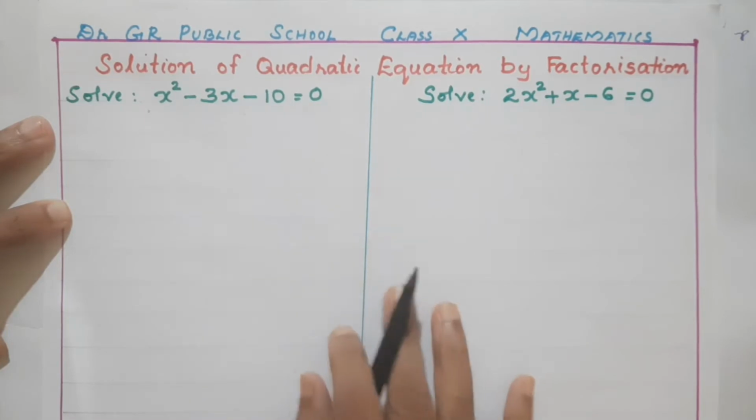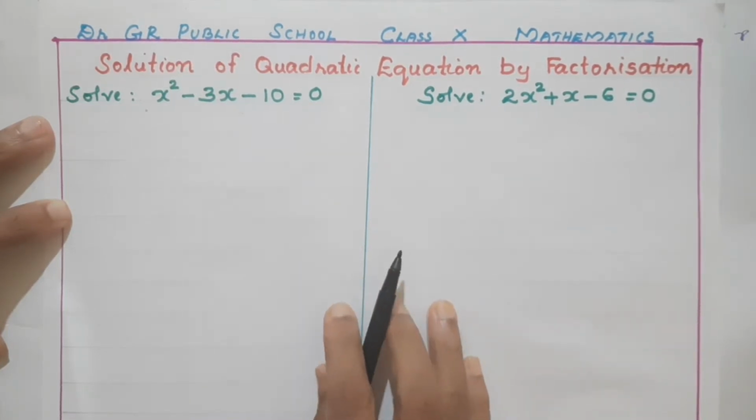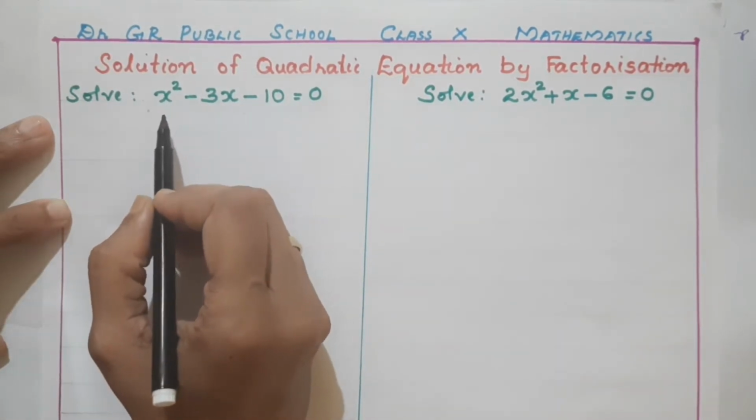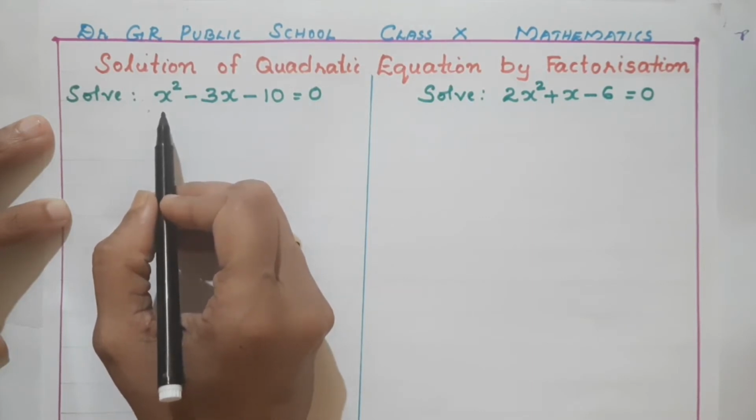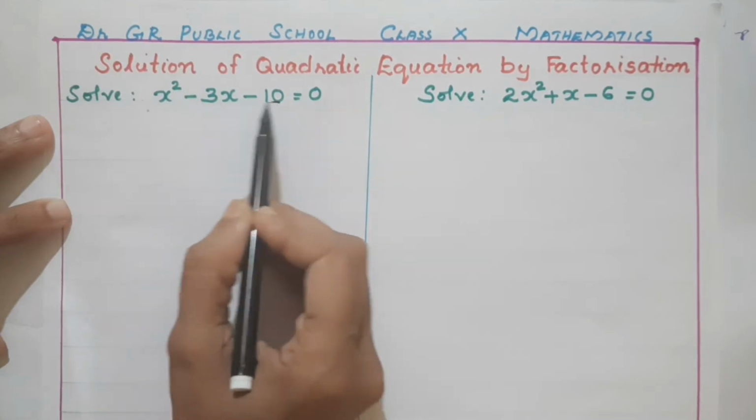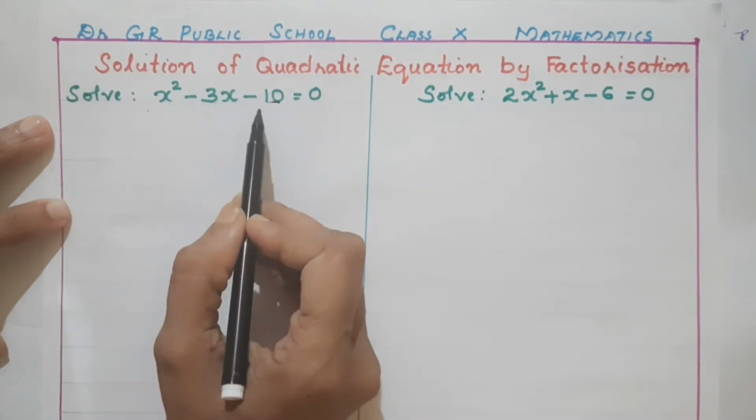Okay, so here the quadratic polynomial is x square minus 3x minus 10, and you have studied different methods to factorize by using identities that you have studied in 8th standard as well as in 9th standard. So, which identity can be applied? That you have to decide by checking the given polynomial.